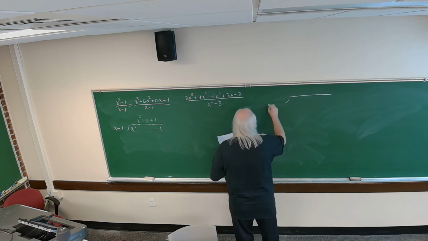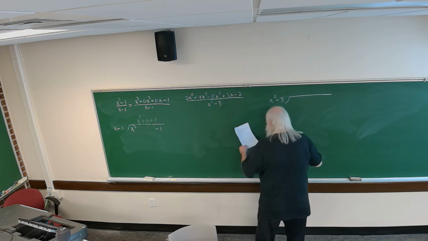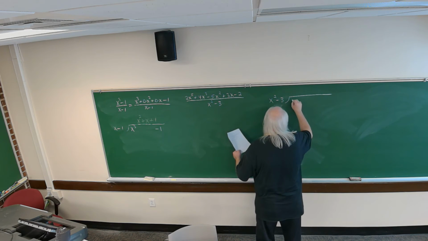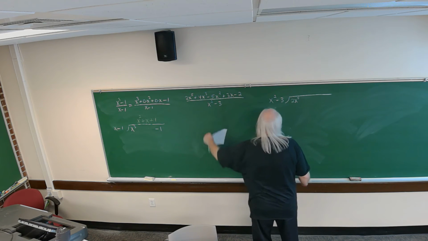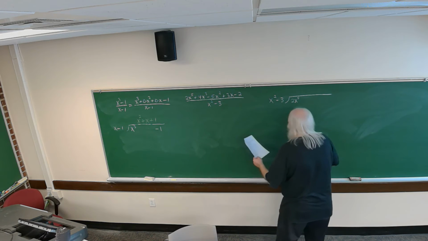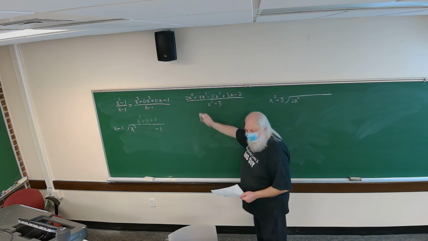So our divisor is x squared minus 3. Then for our dividend, we have 2x to the 5th. And you'll notice there's no x to the 4th term, so I left a space. It's actually 0 times x to the 4th.